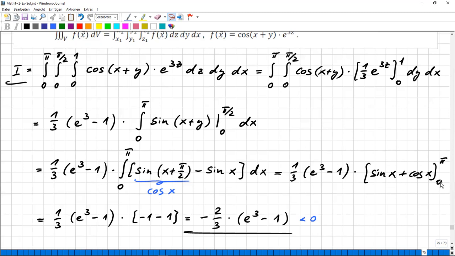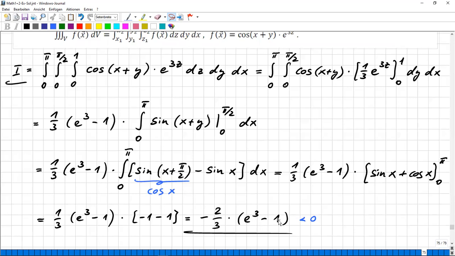Please don't make a sign mistake here. And while the sine of 0 is 0 again, the cosine of 0 equals 1 this time. So we get 1 as the value at the lower limit. In the end, -1 minus 1, which is -2. And if we draw this together, we get a result which is -2/3 times e cubed minus 1.